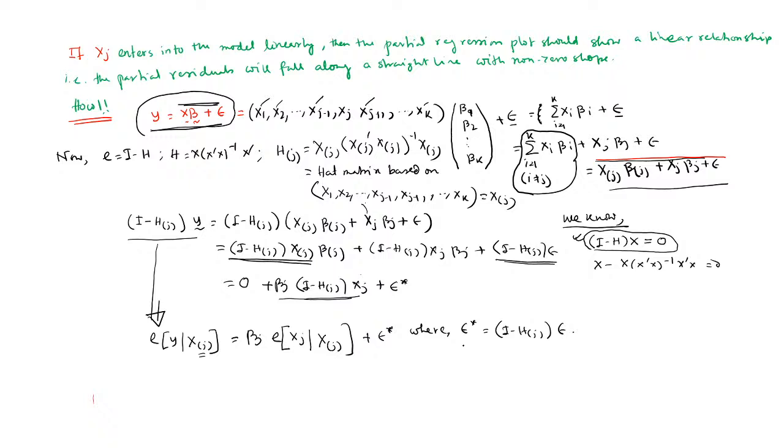In ANOVA or design of experiments we are interested in contrasts, so it is not required to estimate all parameters. It is enough if your contrast is estimable. That is enough for testing. So this is the difference between regression and ANOVA. In regression, since all parameters are estimable, X prime X is invertible.